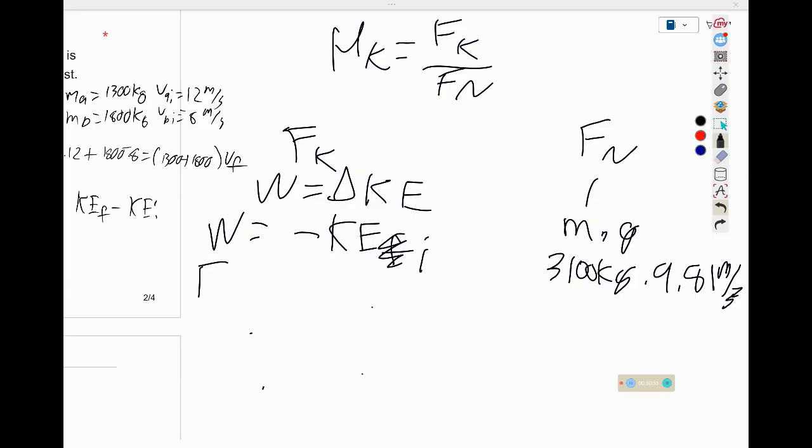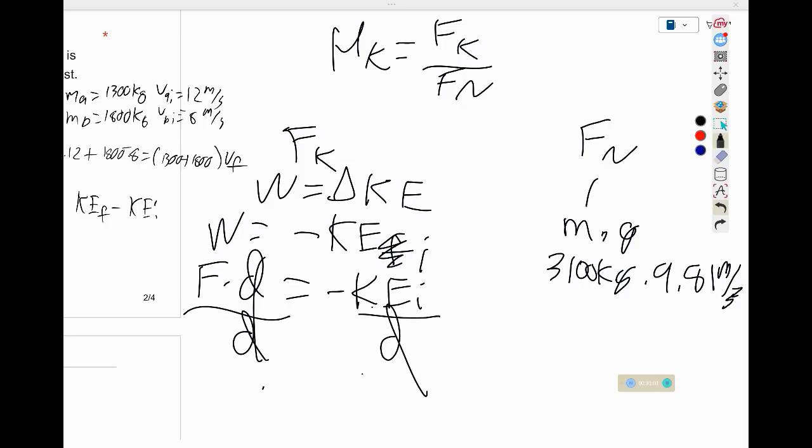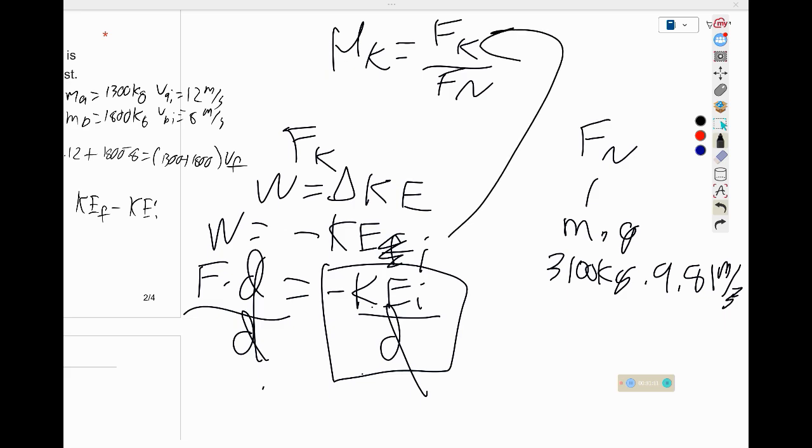We also know that work equals force times distance. We have our negative initial kinetic energy there, and we know that the distance is 12, so we're going to divide by 12. So the force applied is how much kinetic energy was lost divided by 12, and that's going to be our force of kinetic friction. Our normal force is the mass times 9.81. We divide the two, and we get our coefficient of kinetic friction.